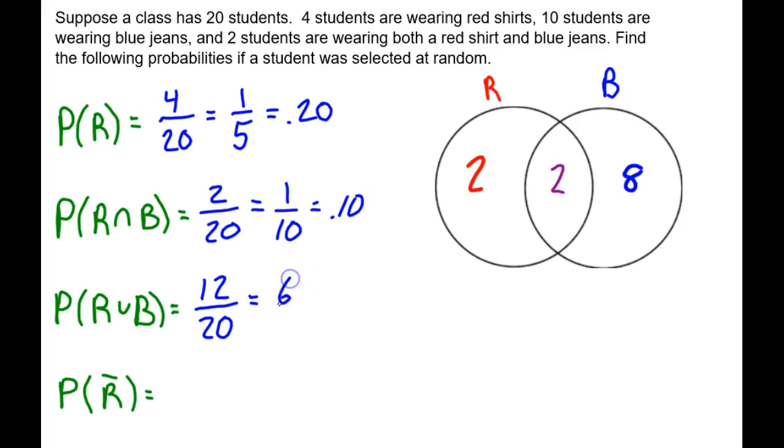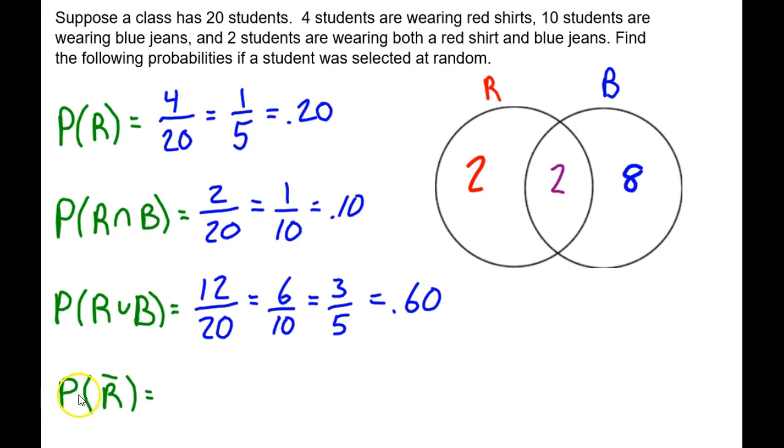We could simplify that to 6 over 10, which we could simplify again to 3 over 5, which as a decimal would be 0.60. So if I randomly selected a student, there would be a 60% chance that that student has on a red shirt or blue jeans. That student could be wearing both a red shirt and blue jeans. They just have to have on one of the two or both.